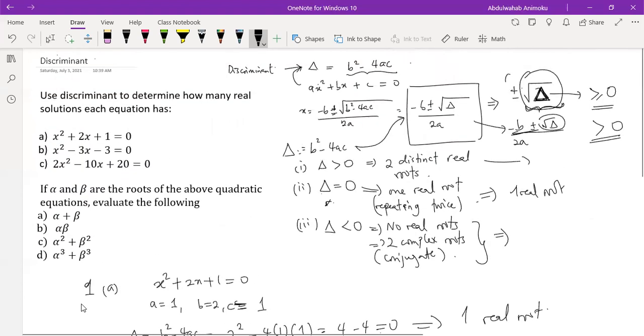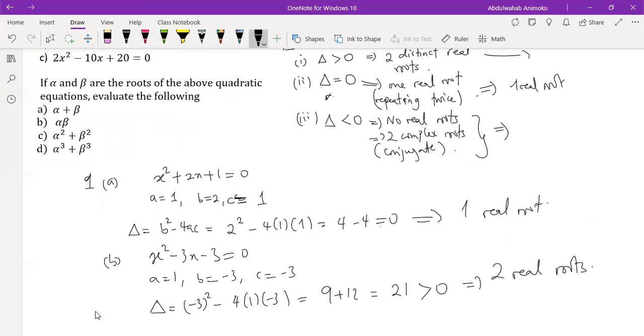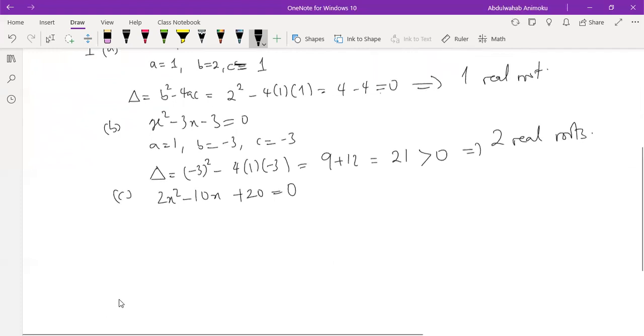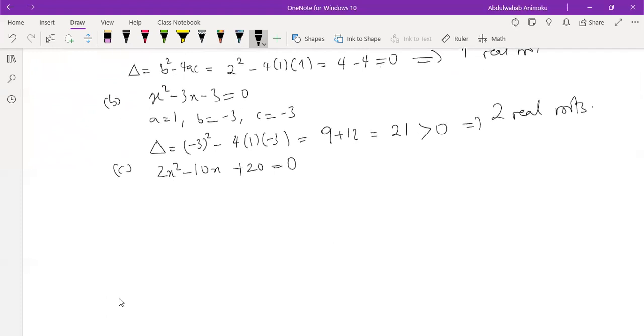And finally, we have 2x squared minus 10x plus 20. So we have 2x squared minus 10x plus 20 equal to 0, of course. Now, how do we find this? This gives us the discriminant to be minus 10 squared minus 4AC.